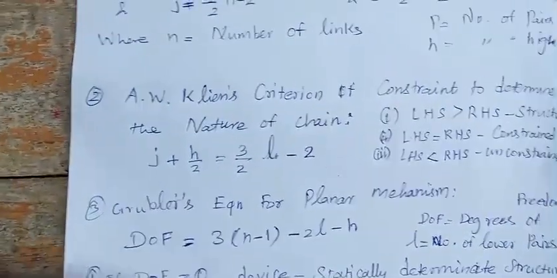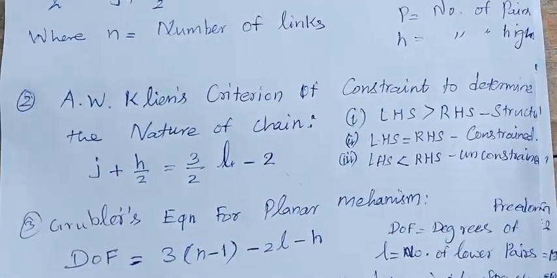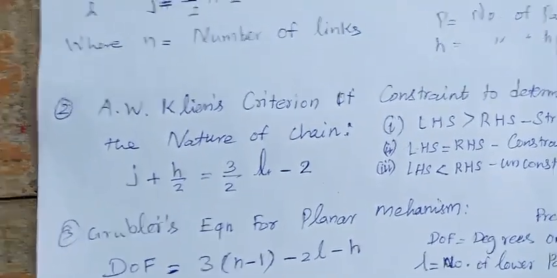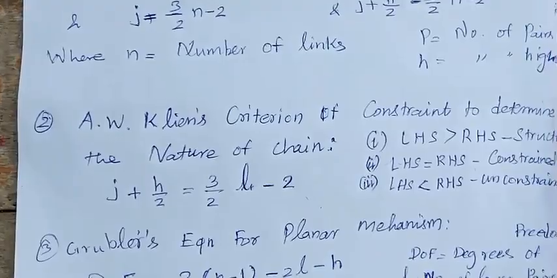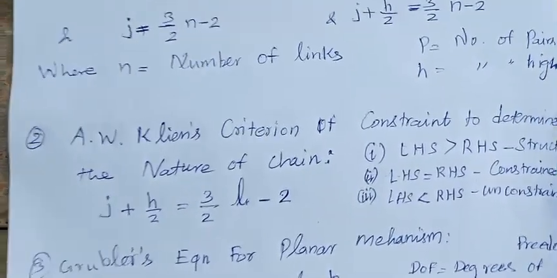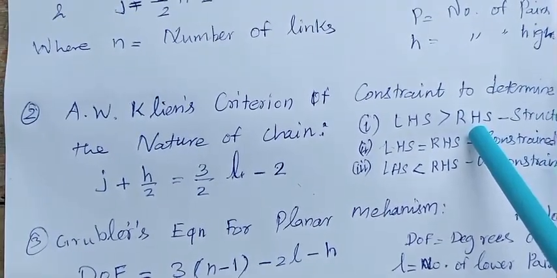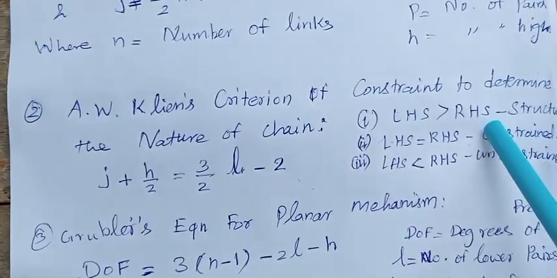Next formula, Klein's construction of constraint to determine the nature of chain. First we discuss 3 kinds of kinematic chains. Number 1, left hand side greater than right hand side, it is a locked or structured chain.